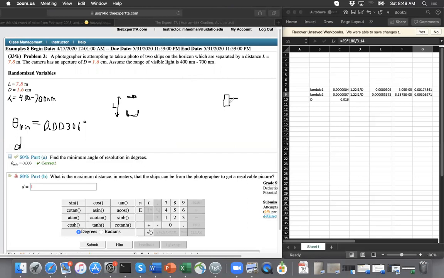And since this is a decent camera, I'll try and draw a decent camera, but it's not going to look very good, but that's okay. And those boats are very small. Anyway, we know the distance from here to here, that's the thing we're looking for. We're looking for that distance, D.